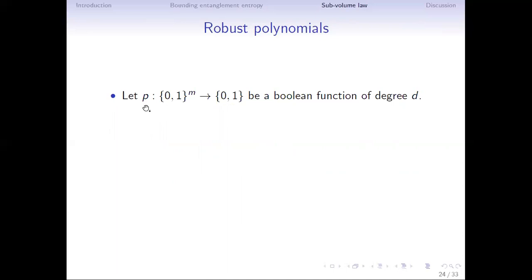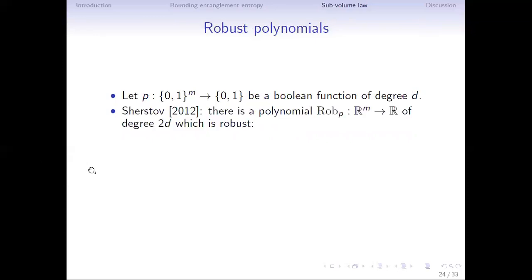So fix a Boolean function P, which takes m bits and outputs a bit, and let's say its degree is d. Sherstov showed in STOC 2012 that there is a polynomial, let me call it ROB of P, which takes m real values and outputs a real number. The degree of this polynomial is at most twice the degree of the Boolean function P, and it is robust.